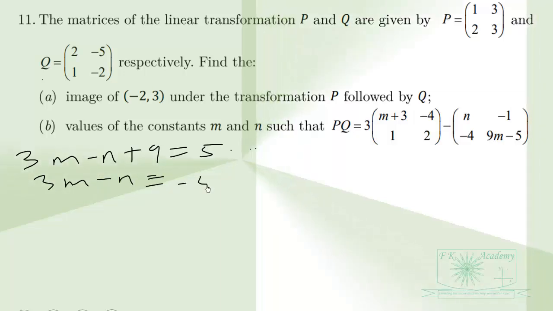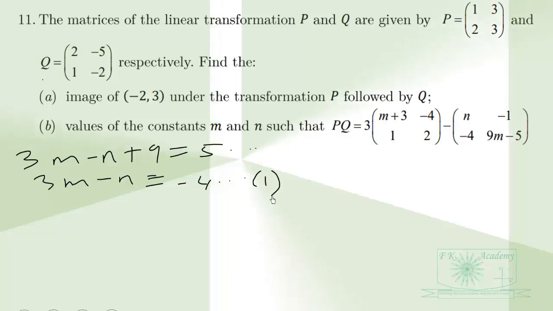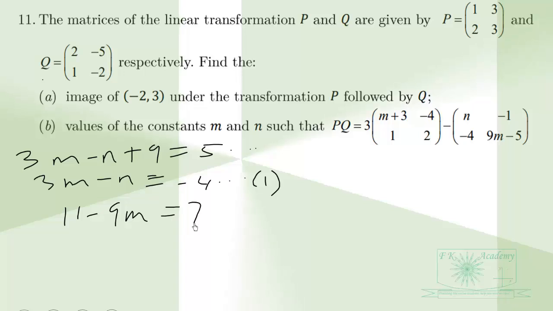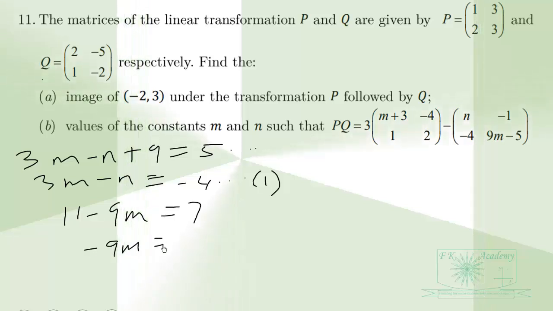That will be negative 4. This is equation 1. Then we also have 11 minus 9m equals 7. In other words, we have negative 9m equals 7 minus 11.